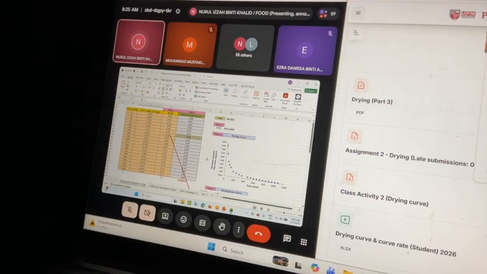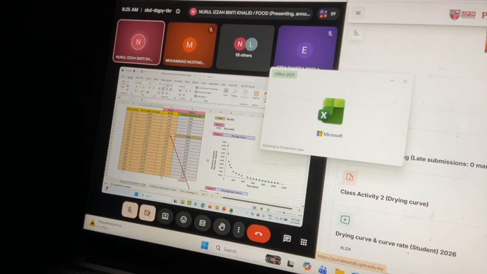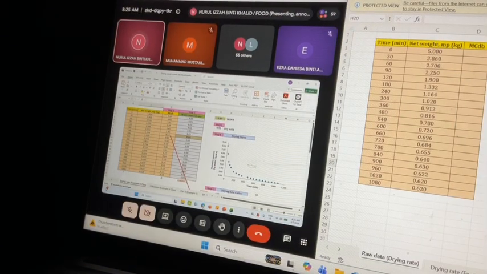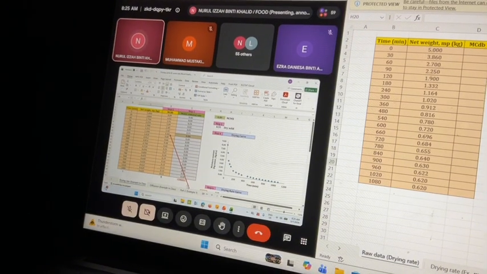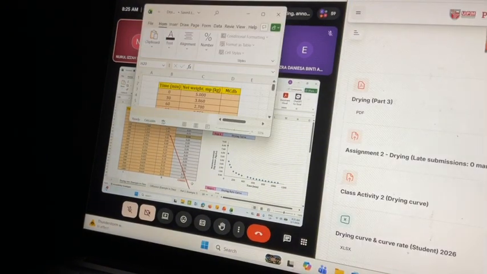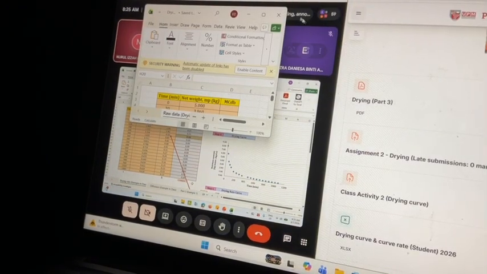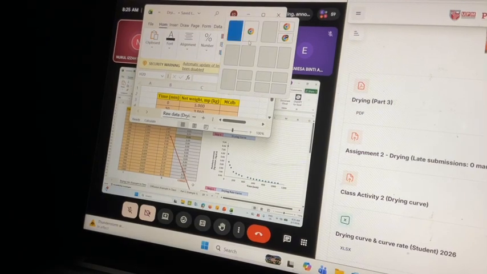I am going to demo to you how to plot the drying curve and the drying rate curve. For those who have done the result part for the drying, you have tried to use this, but I have also put the empty Excel and the answer, so you don't have to worry.